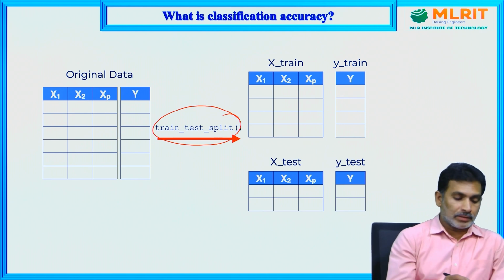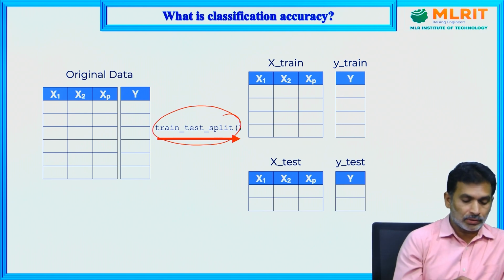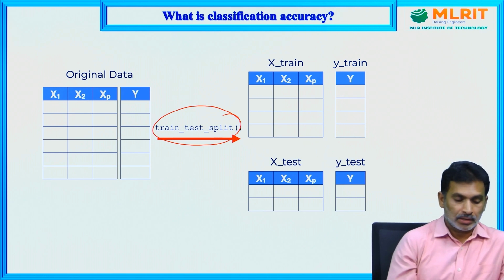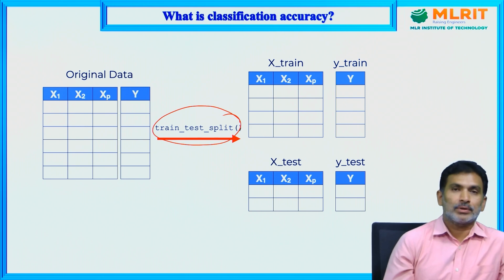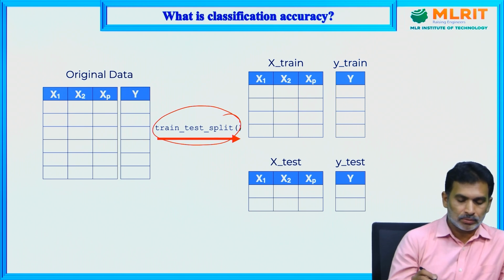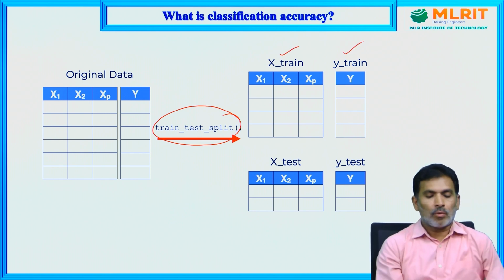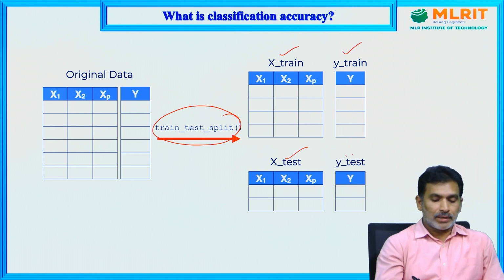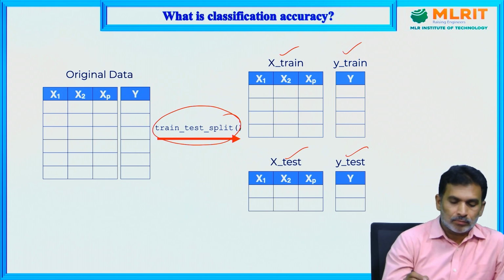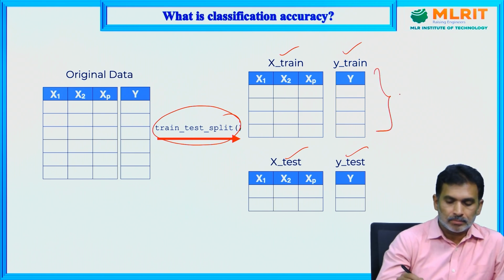If you supply the original data, it splits the data set into these parts: x train, y train, x test, y test. The x train and y train would be used to train the model.